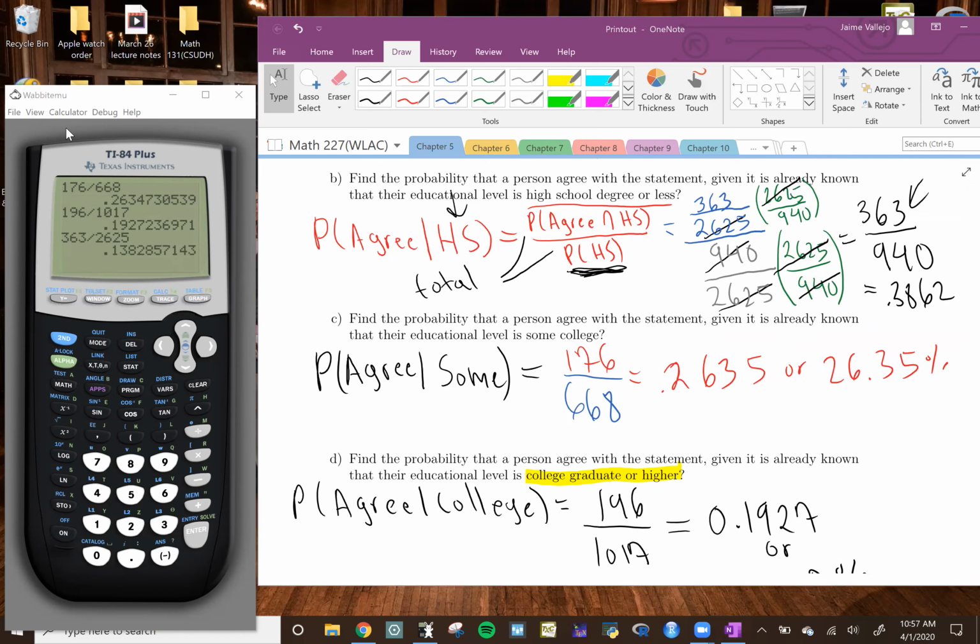It's going down. Yeah. So it's kind of showing like the more education you get, the less and less you believe that there's one true person for everybody out there. Cool. And that's it for that last problem. Any question in regards to the last problem? All right, so let's move on down.